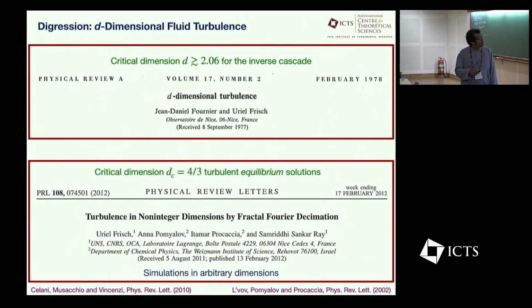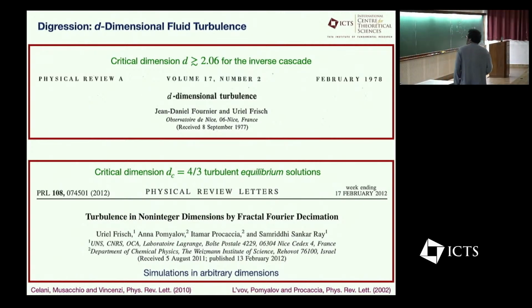And much later with Itamar and others, we were able to show that there is another critical dimension, dimension 4/3, where you essentially end up getting turbulent but equilibrium solutions. And the nice thing was that this gave us a way to actually do simulations of hydrodynamics in arbitrary dimensions, starting with some nice integer dimensions.